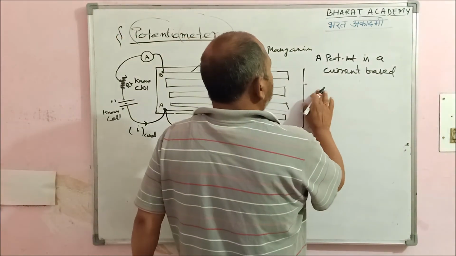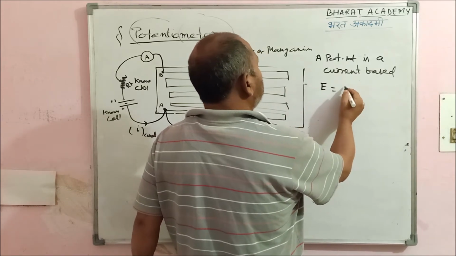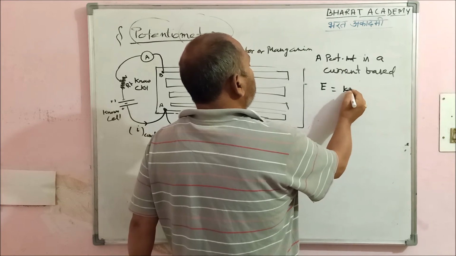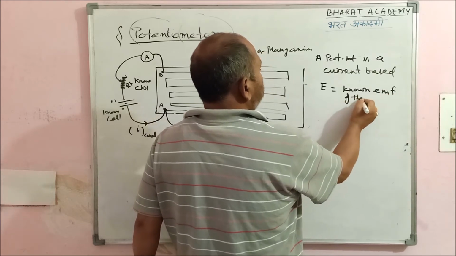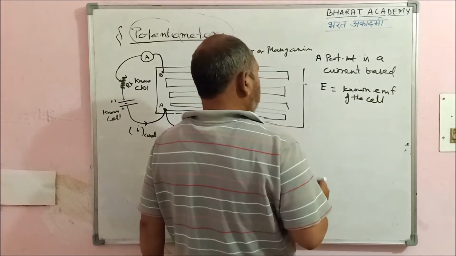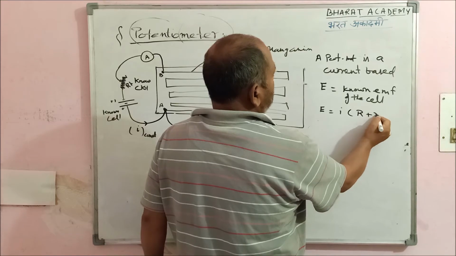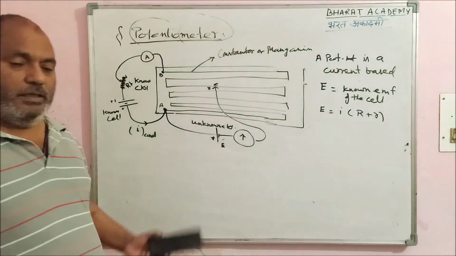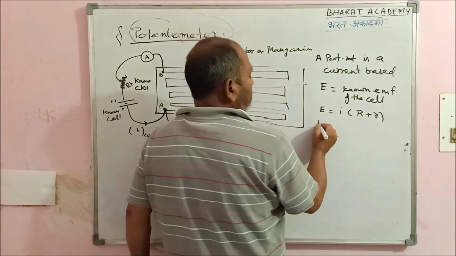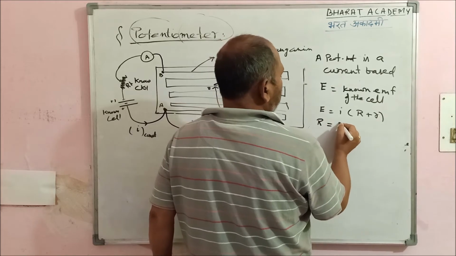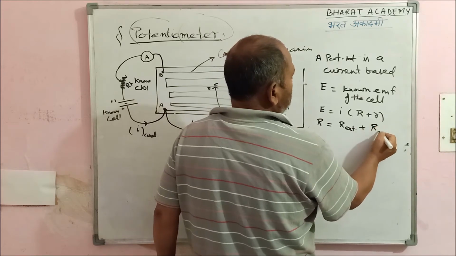First we will calculate the potential gradient of the circuit. E is the known EMF of the cell. Generally we say E equals I into R plus r. This R consists of R external, if we are applying external resistance, plus the resistance of the wire.